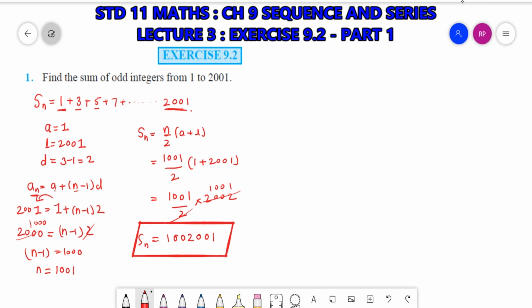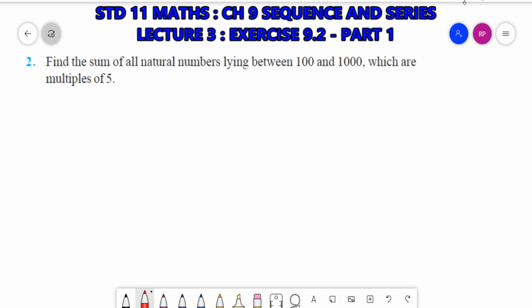Now let's move to question number 2. Find the sum of all natural numbers lying between 100 and 1000 which are multiples of 5. So the series will be 105. See, it's between, so I cannot take 100 and 1000. It must be a multiple of 5.